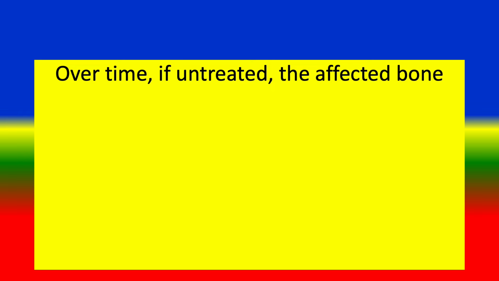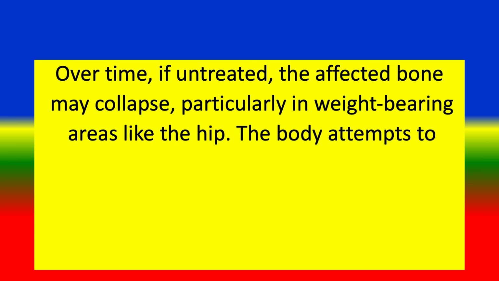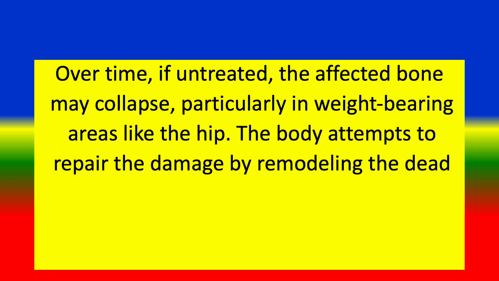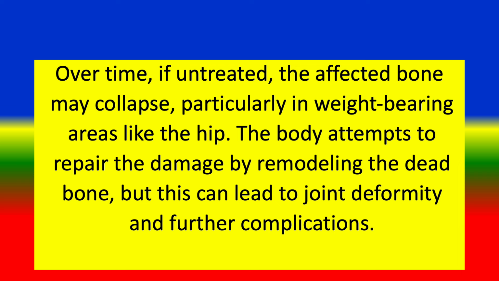Over time, if untreated, the affected bone may collapse, particularly in weight-bearing areas like the hip. The body attempts to repair the damage by remodeling the dead bone, but this can lead to joint deformity and further complications.